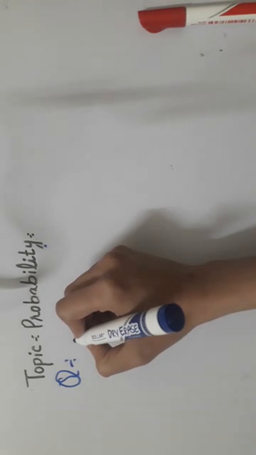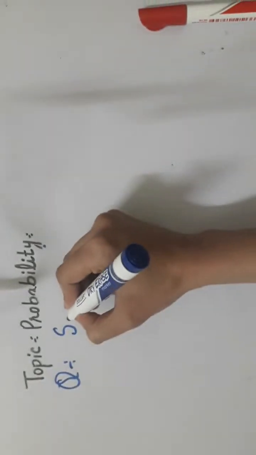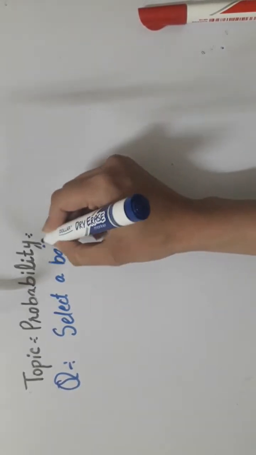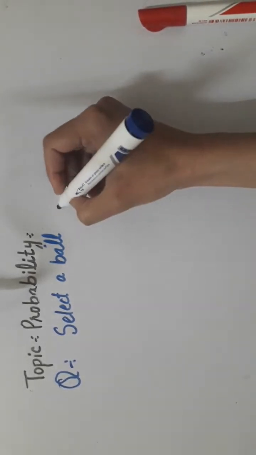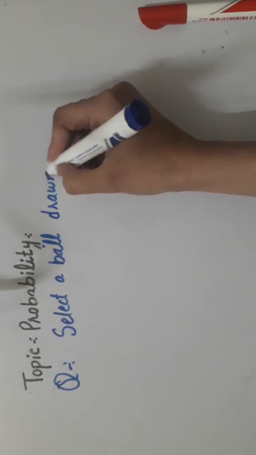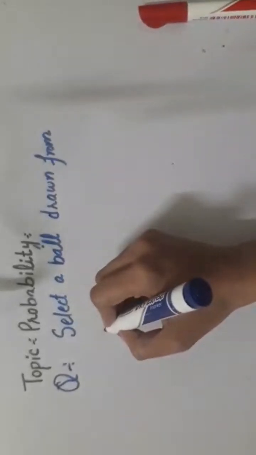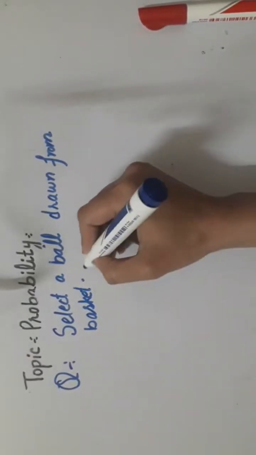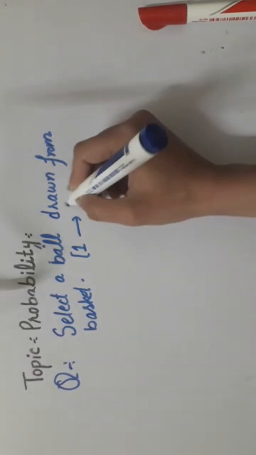Now, the next question is, you have to select a ball drawn from a basket, and balls are from 1 to 44.